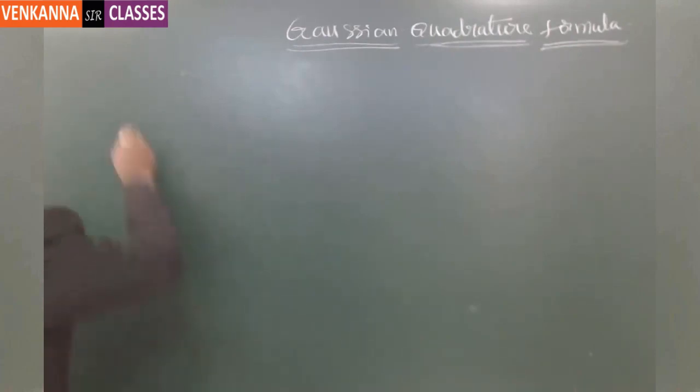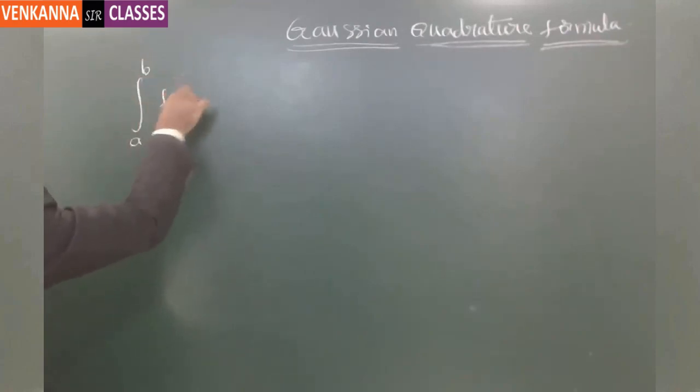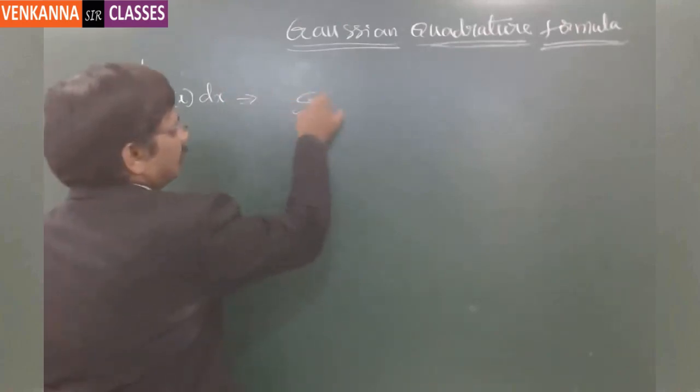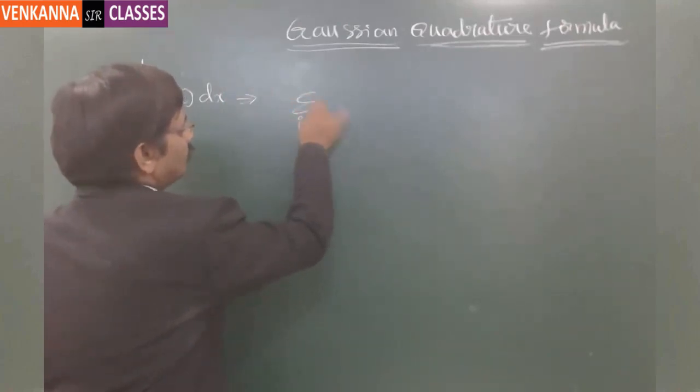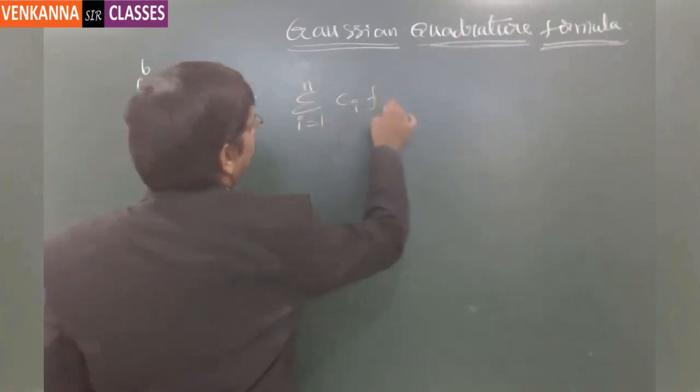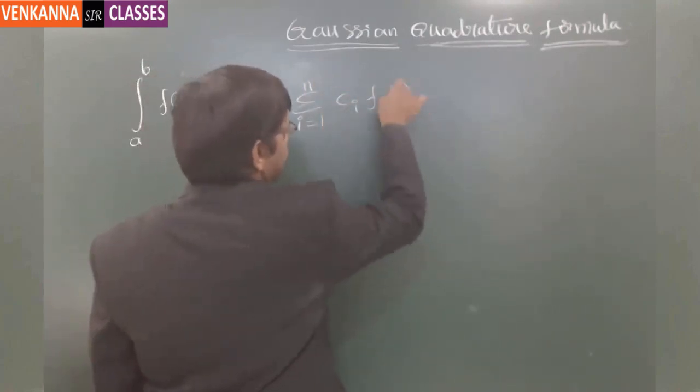So in general, the integral from a to b of f of x dx can be expressed as I is equal to sigma i equals 1 to n of ci f of xi.